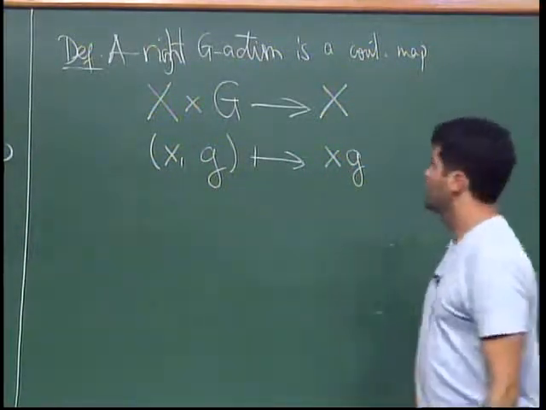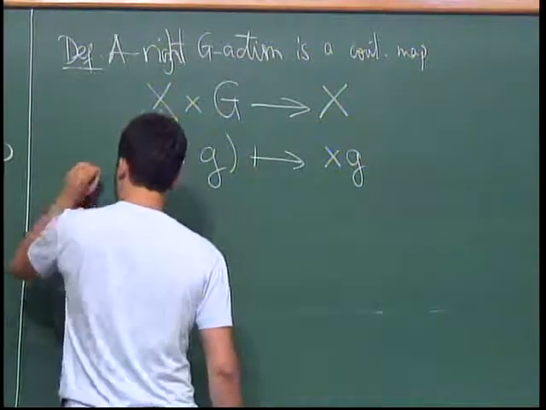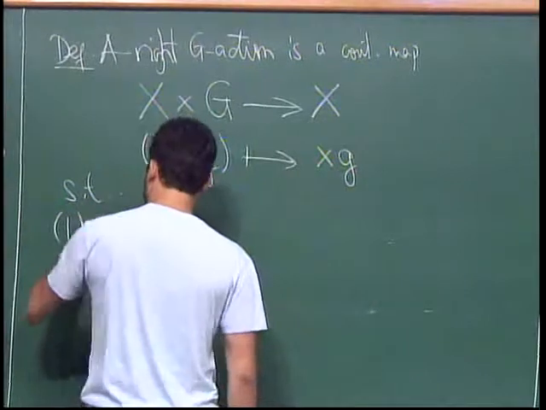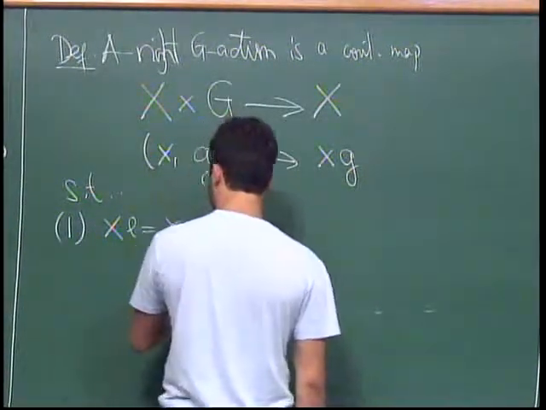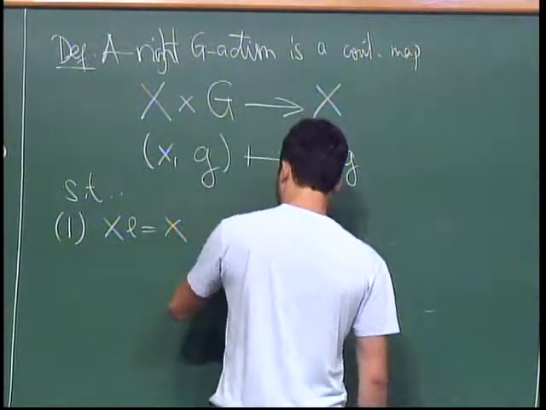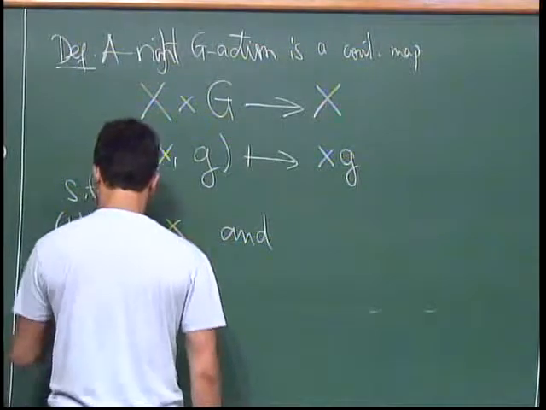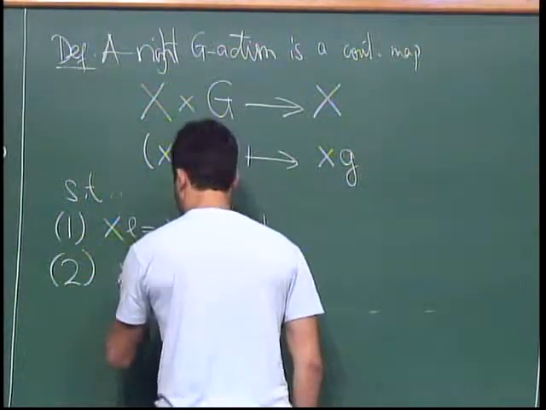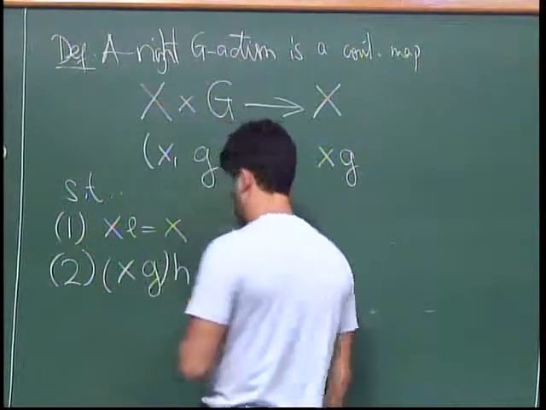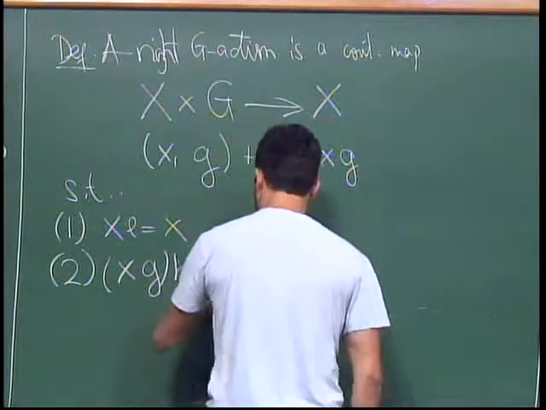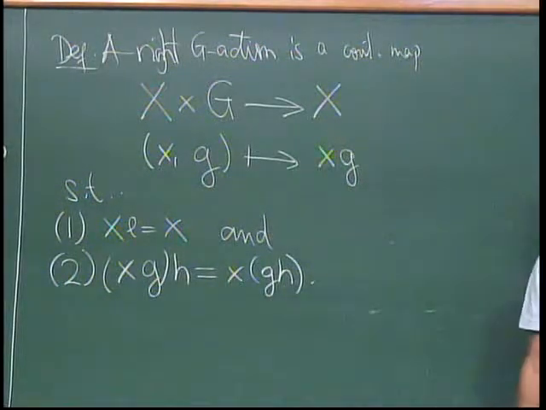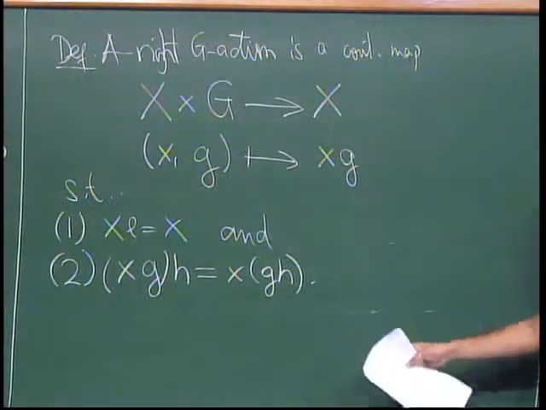Okay? So it's a continuous map, also satisfying the compatibility with the group. So xe equals x, and if I act on x by g and then I act by h, this is the same as acting by gh. Okay? So this is a right action.